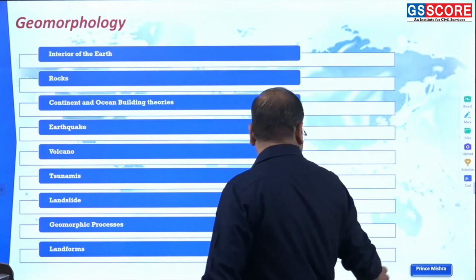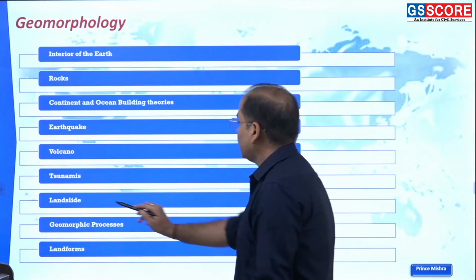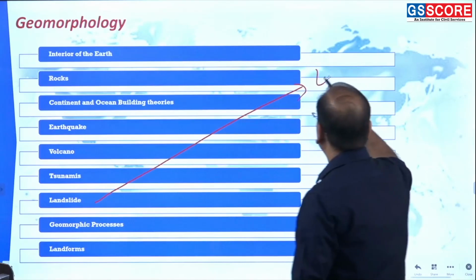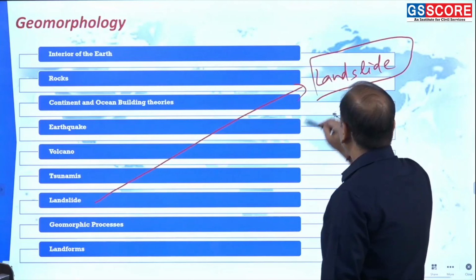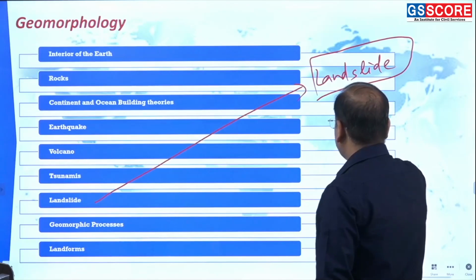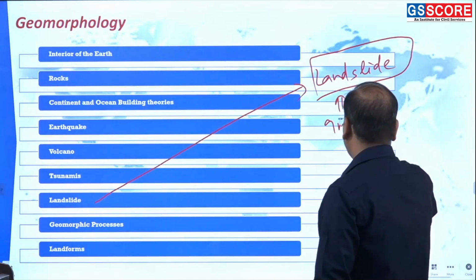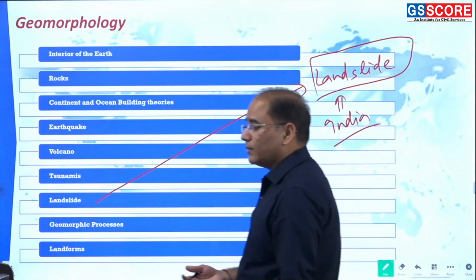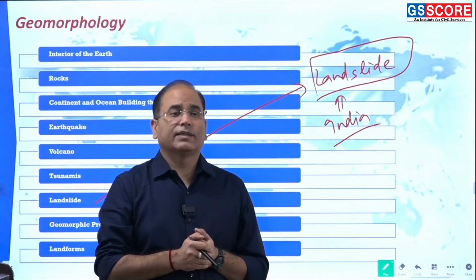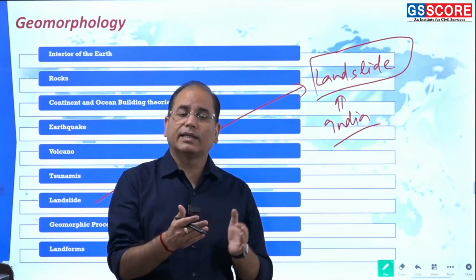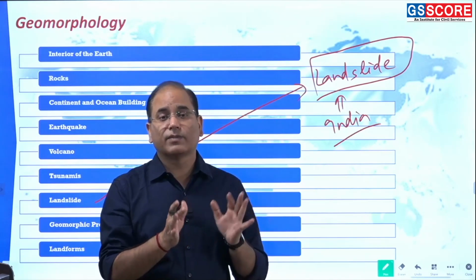Then we have the topic of landslide. This is a topic which you need to prepare mainly from the perspective of India. In general, landslide is a topic of disaster management, but from landslide they regularly ask questions in GS paper 1.